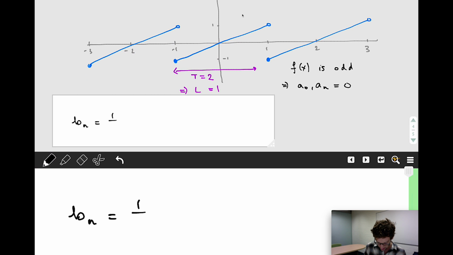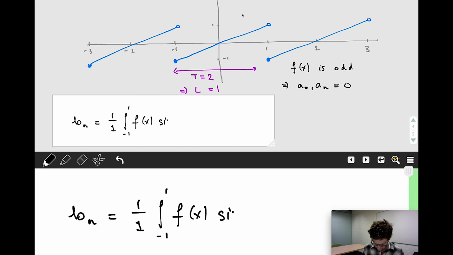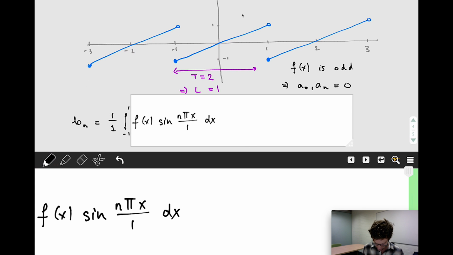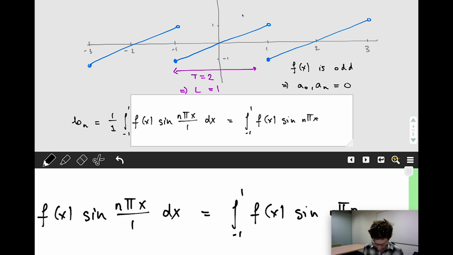So we've got b_n equals 1 over L, integral from minus L to L, I'm using L equal to 1 here, of f of x sine n pi x over L. So we can simplify that a little bit. This is going to be the integral from minus 1 to 1 of f of x sine n pi x. In fact, I know what f of x is. It's just x.